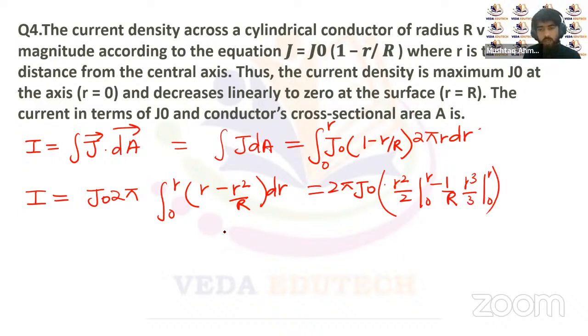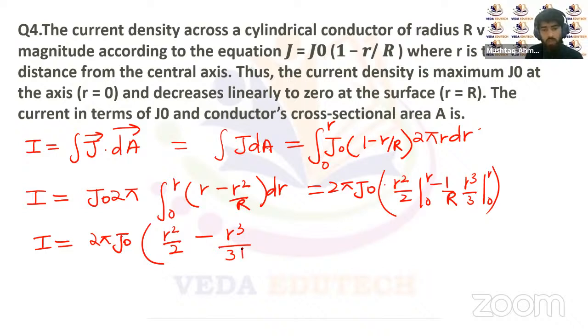So the current as a function of r will be 2 pi J naught times (r square upon 2 minus r cube upon 3R). This will be the current as a function of r.